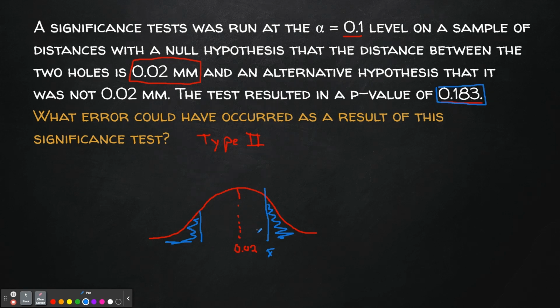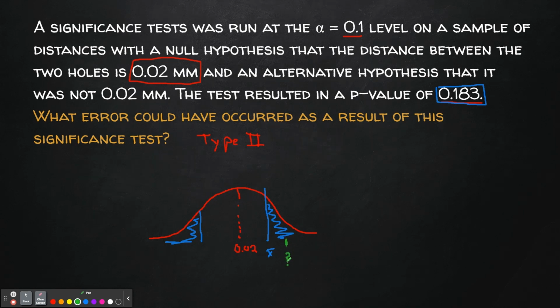And so we say, well, that's not very rare, so we're going to fail to reject that 0.02 as the true value. However, it is possible that 0.02 is not the true value, and the true value is over here somewhere. Let's call this question mark.